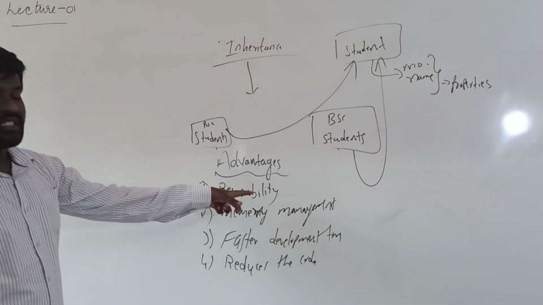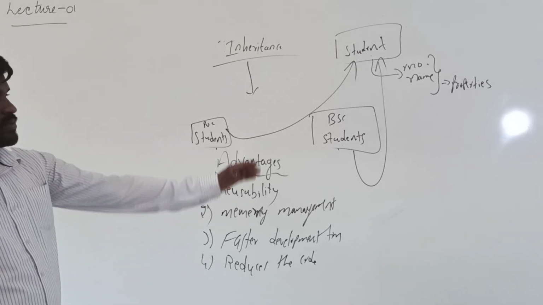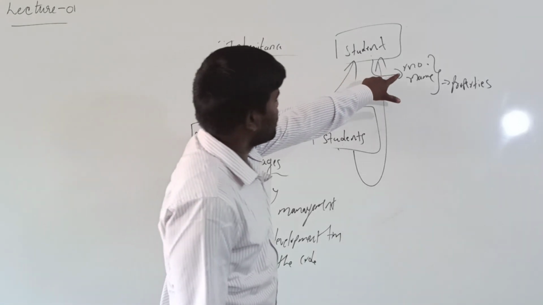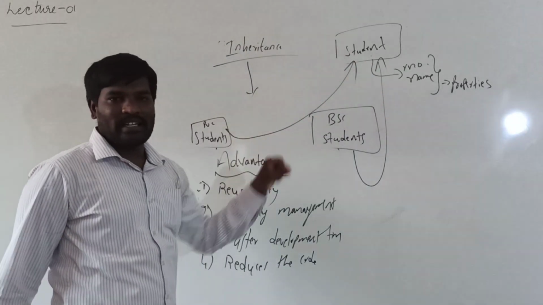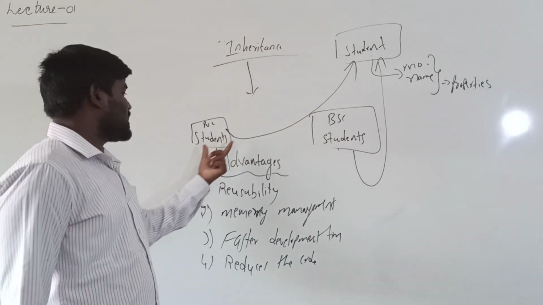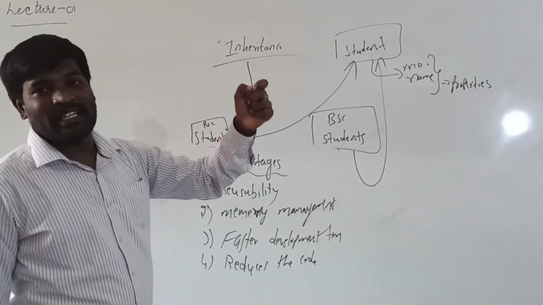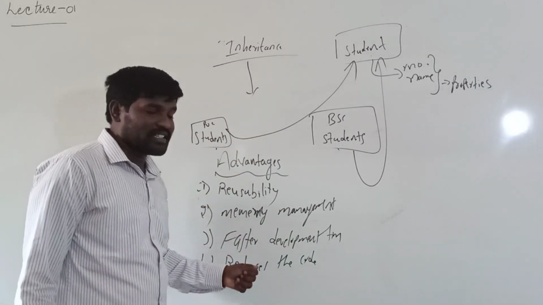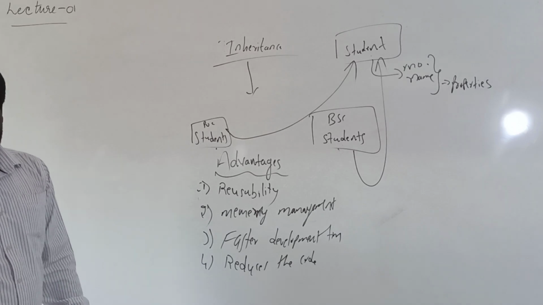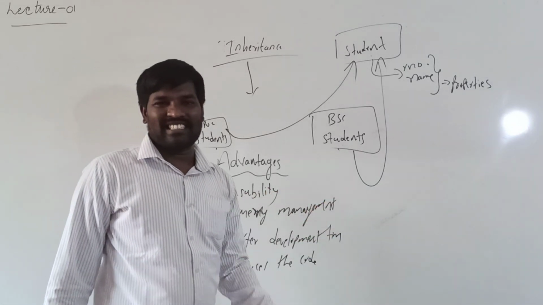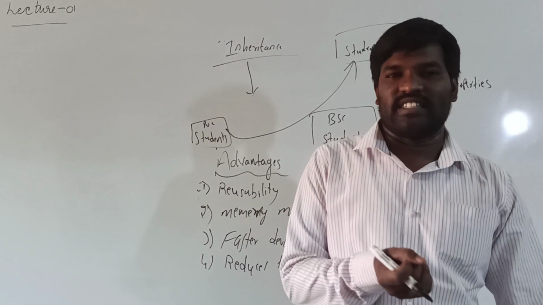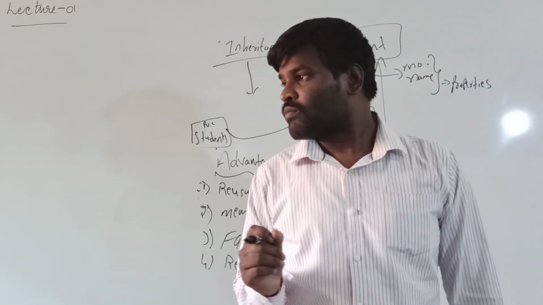Yes, the first one is reusability. Here the roll number and name are declared only one time, but those properties can be used, in this example, two times. That is one advantage of using inheritance. Second one is memory management. It utilizes the memory properly.